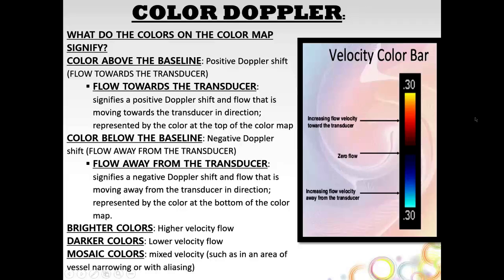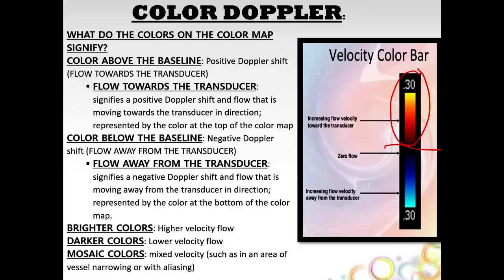All right, so what do the colors on the color map signify? First of all, we look at our baseline. Our baseline here is our black area, our area of zero flow, and that's where there's not going to be any Doppler shift. Colors above the baseline, often this is set as red, although that color can be easily switched around.